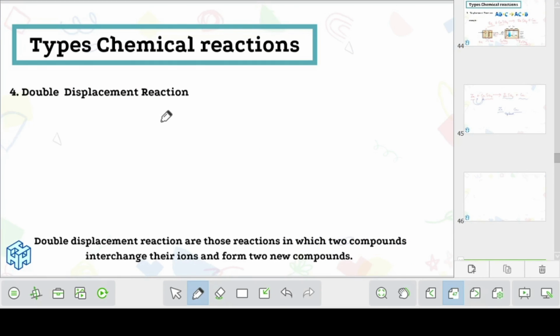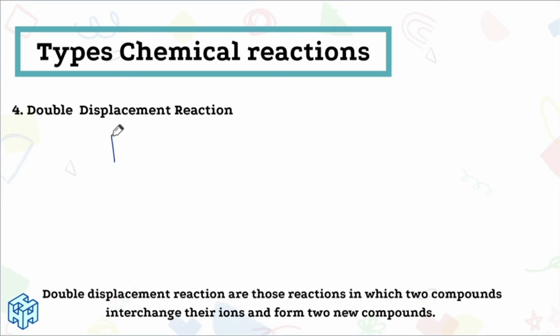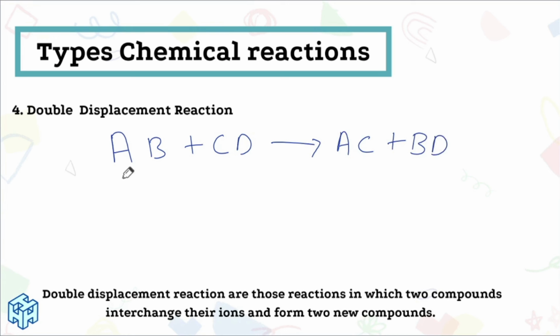Now let us understand one more type of reaction, that is double displacement. Here let us consider AB plus CD. What happens here is AC will join and BD will join. That is, one element will replace another.